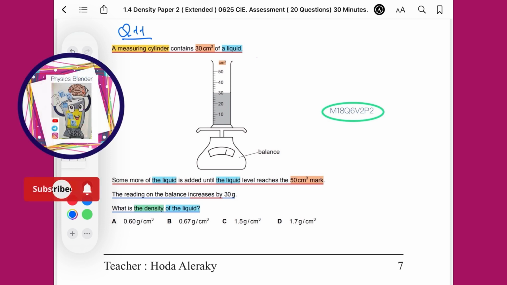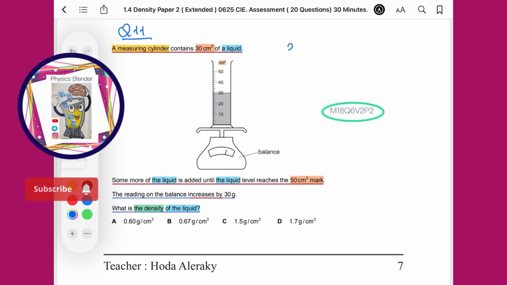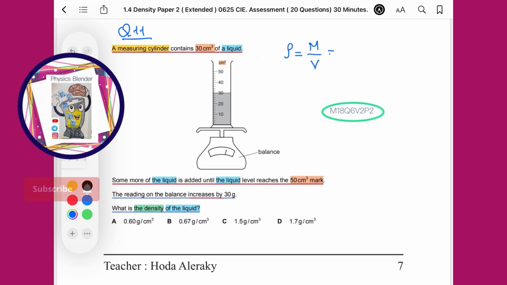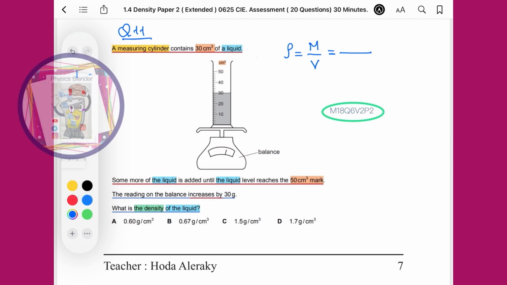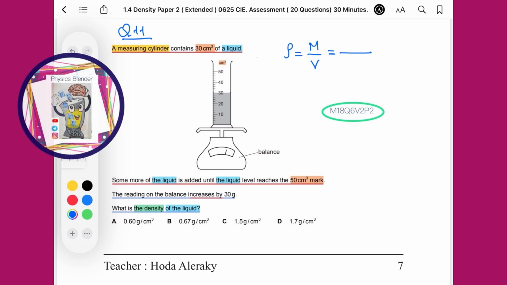When you are using the equation for calculating density, please check that you are using rho, the density, is equal to mass divided by volume. When you substitute here, kindly check that you are substituting the mass of a certain volume of liquid.